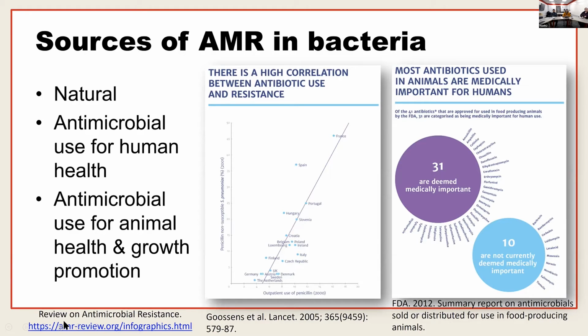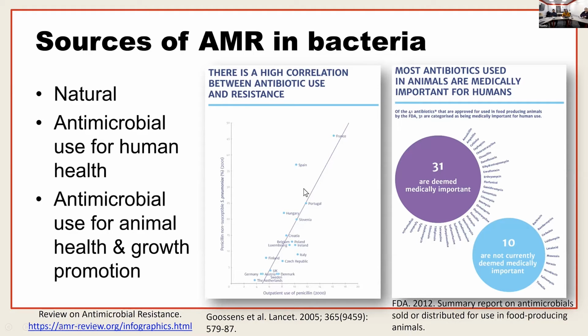human beings. Another source, the main one that the media and science have focused on, is the use of antimicrobials for animal health purposes. Particularly, some medicines have been used for growth promotion, and those have been criticized the most.